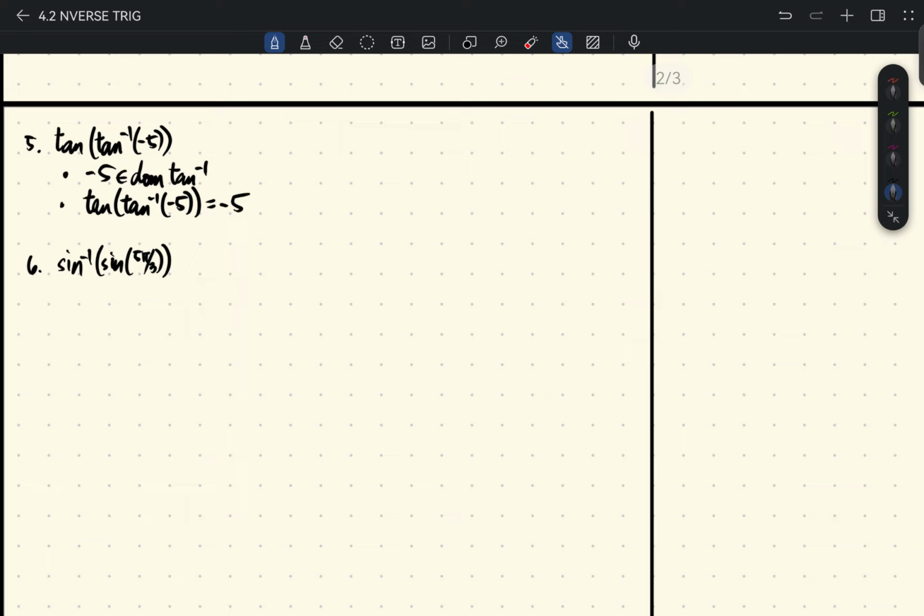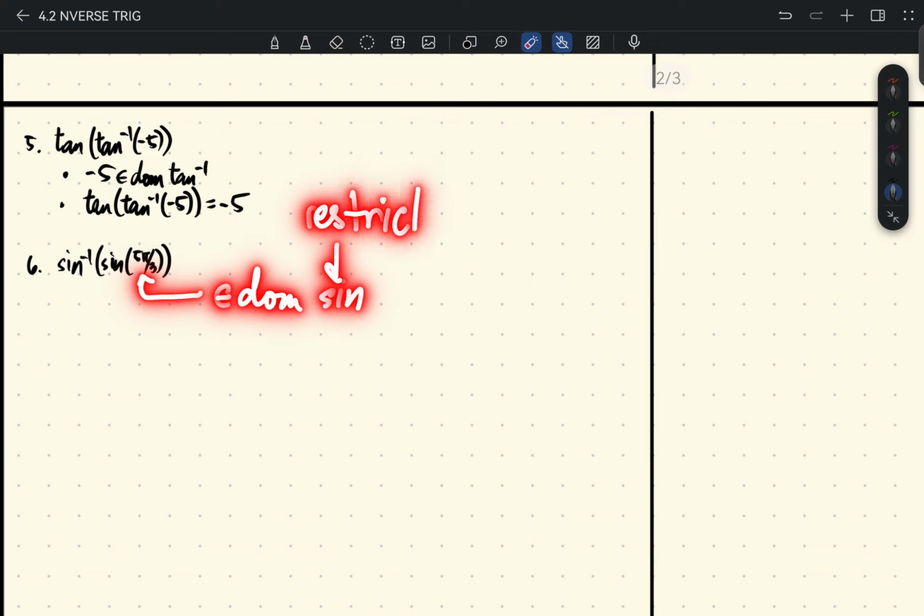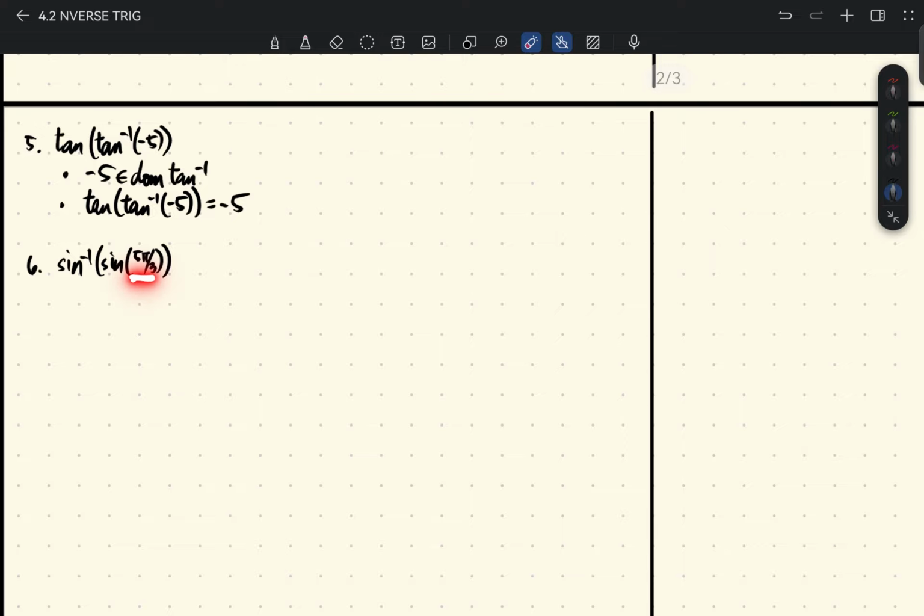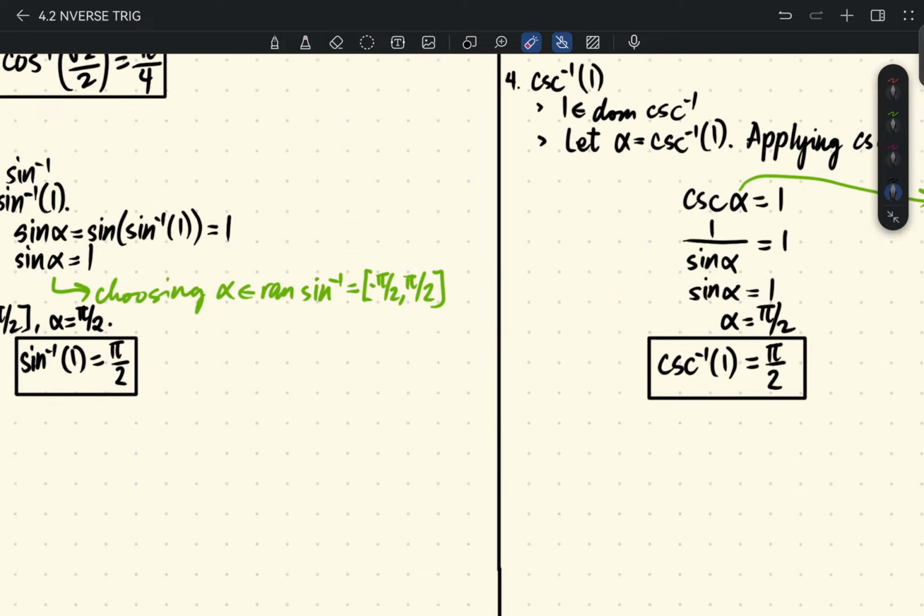This time, the one that's inside is the sine function. So what we want to make sure is that 5 pi over 3 is inside the domain of your restricted sine function, which is the range of sine inverse.